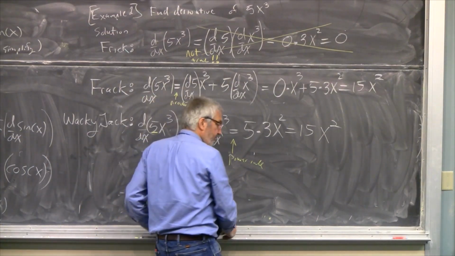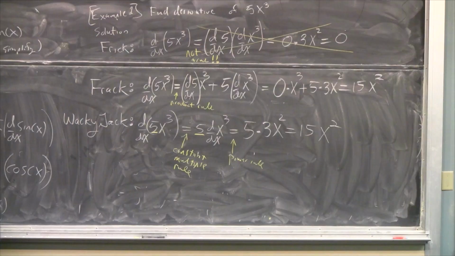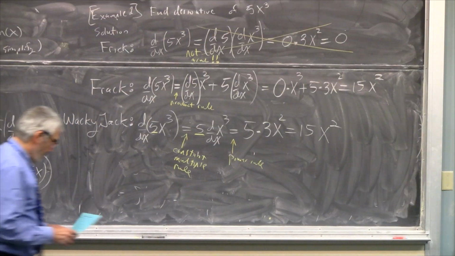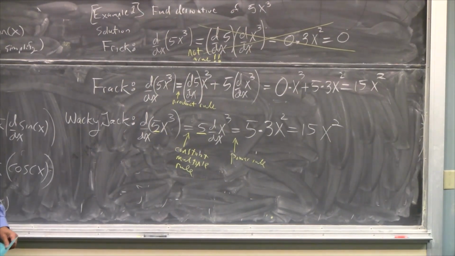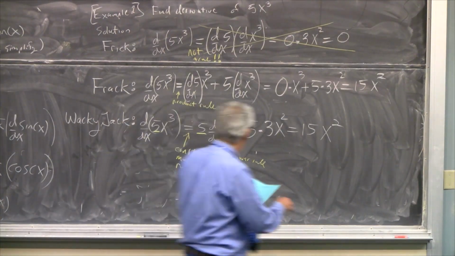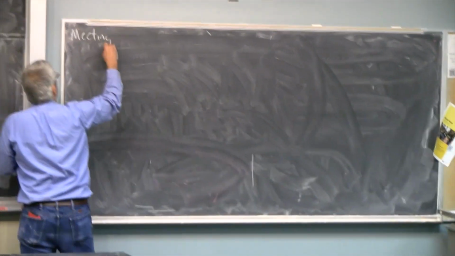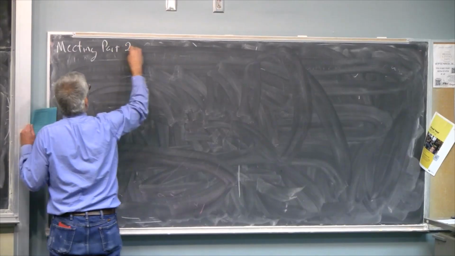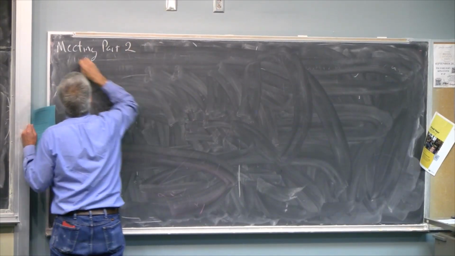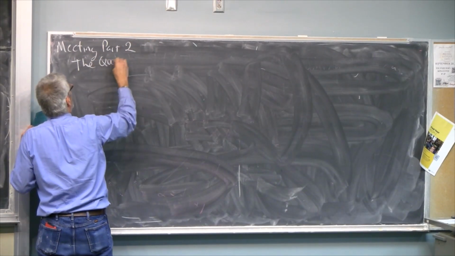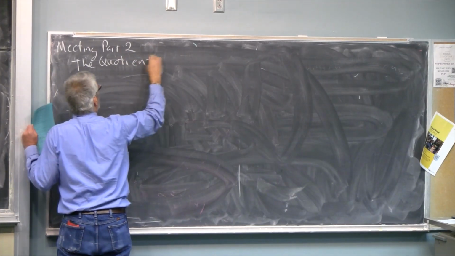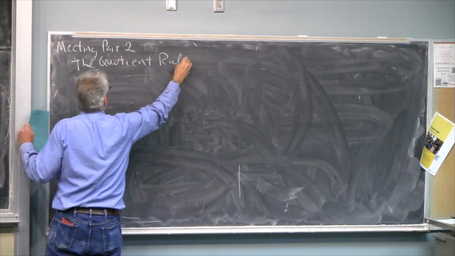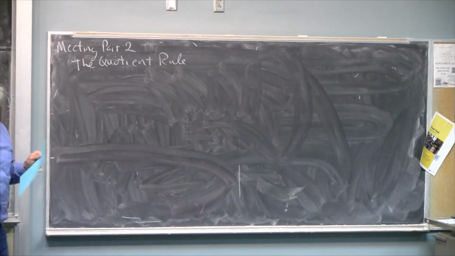Okay, meeting part 2 is what's called the quotient rule. So the quotient rule is used for finding the derivative of a quotient.